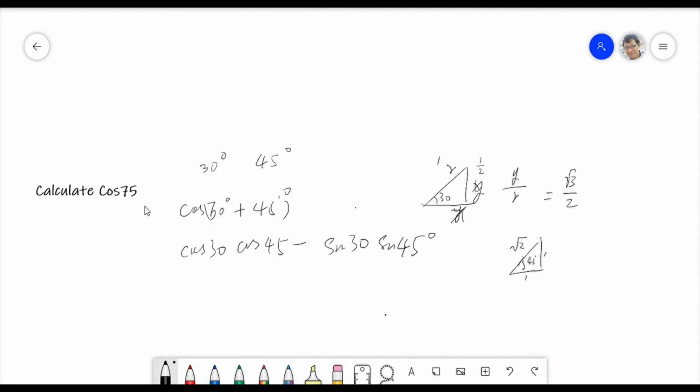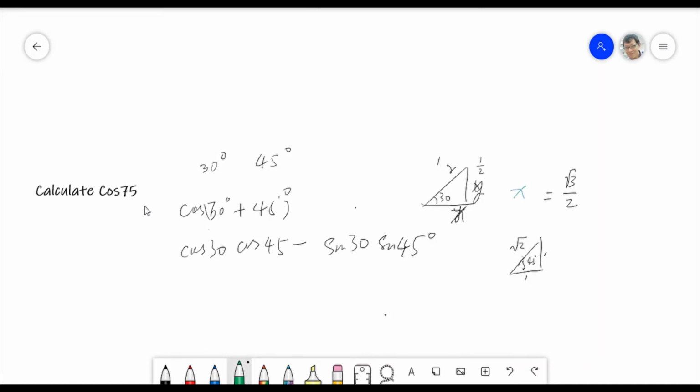Y is 1/2, then x is equal to what? Let me make it green. x equals square root of 3 over 2, right?